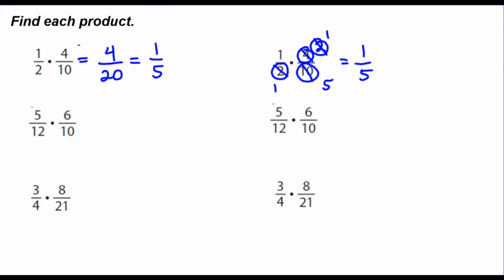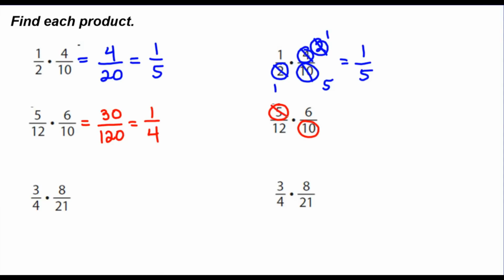Next example, I have 5/12 times 6/10, and if I just simply multiply first, I get 30/120, and these are both divisible by 30, and I simplify to 1/4. Now, if I were to do it again, but simplify first, I notice that these two numbers have a common factor of 5.